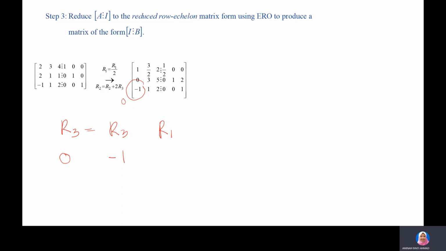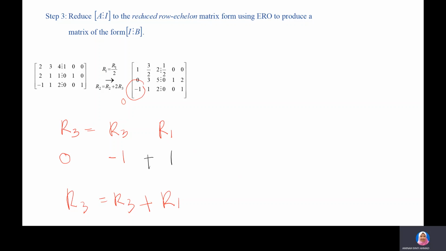So to get 0, we just need to plus with 1. So 1 plus negative 1 equal to 0. So our formula becomes row 3 plus row 1.